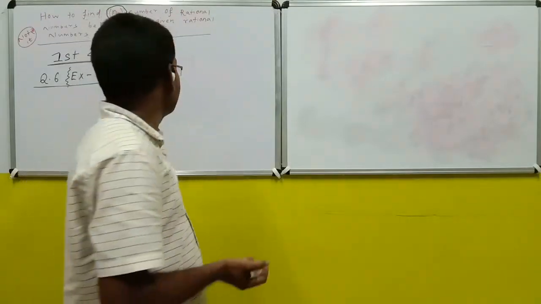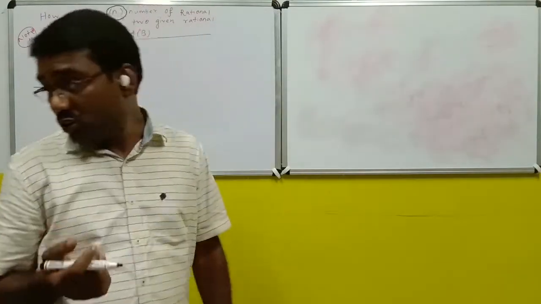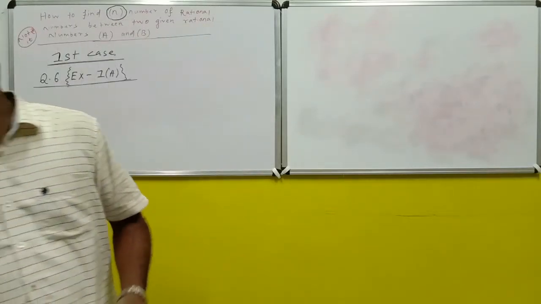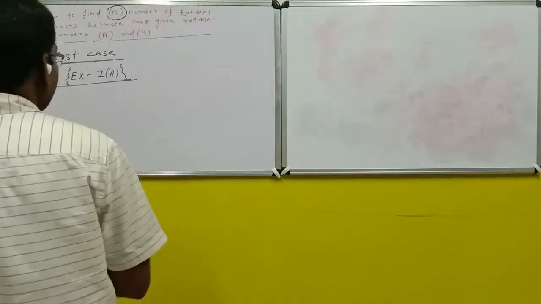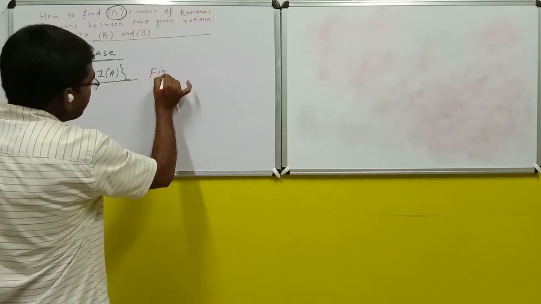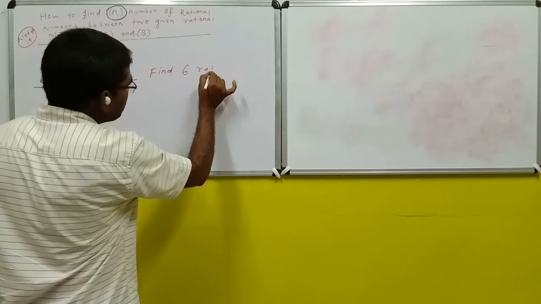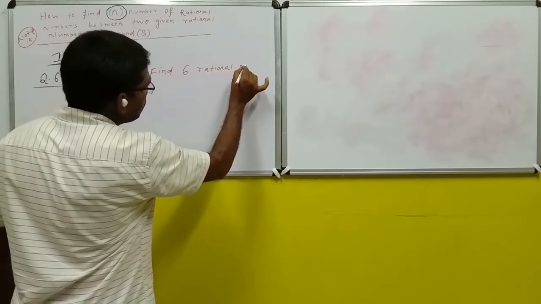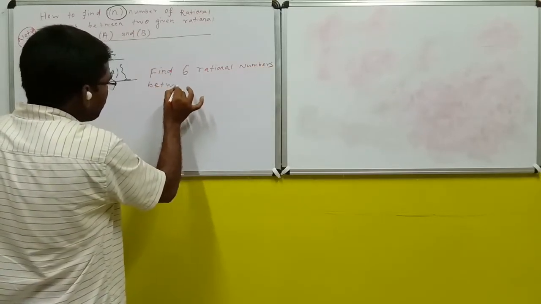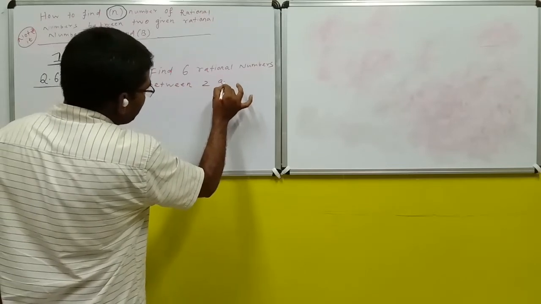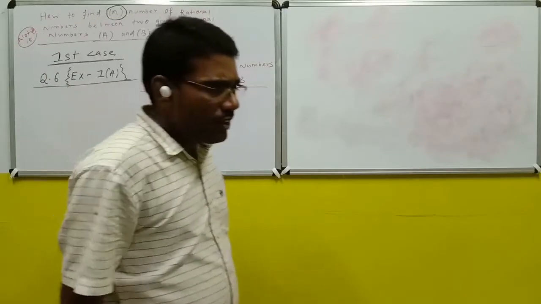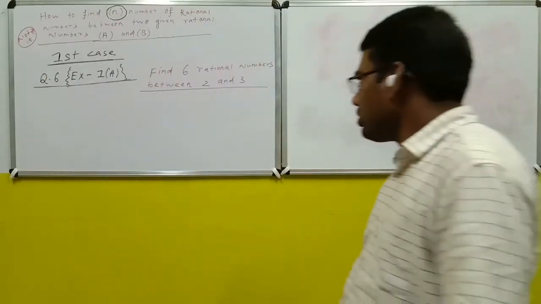So, what is question number 6, which is given in your mathematics book written by R.S. Aggarwal? Find 6 rational numbers between 2 and 3. It is question number 6 of exercise 1A of the mathematics book written by R.S. Aggarwal of class 9.